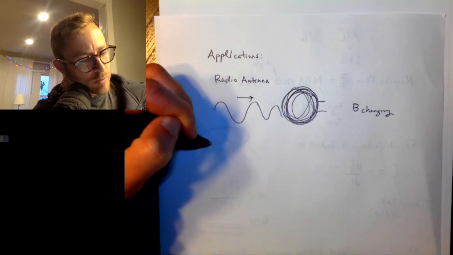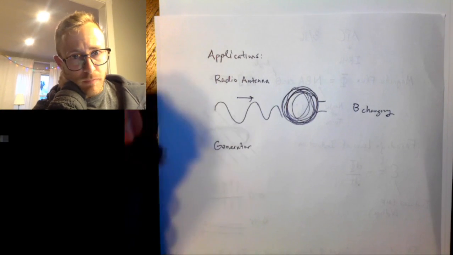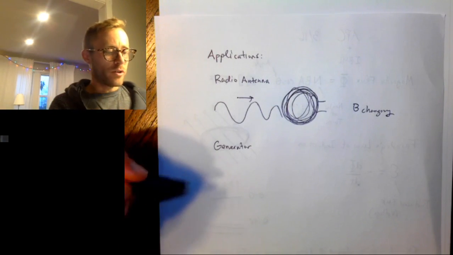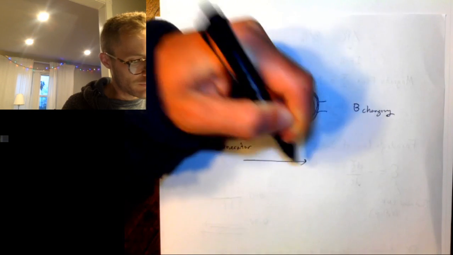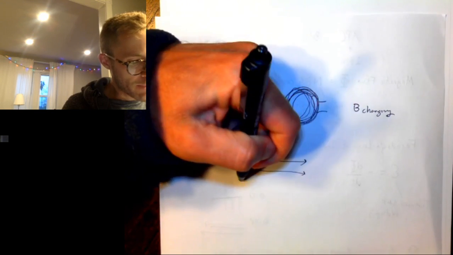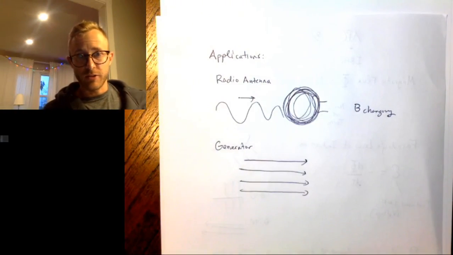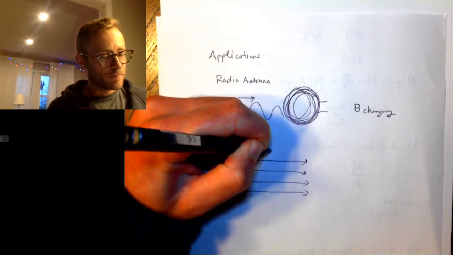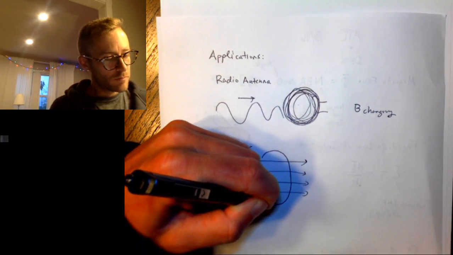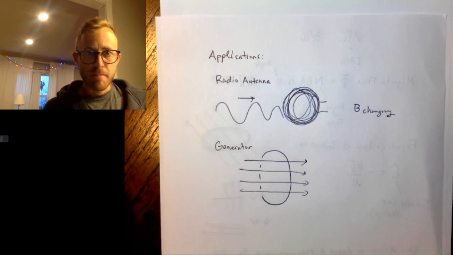Another example would be a generator, where you have a magnetic field, okay? The magnetic field is present, and it's constant. And then you have a loop of wire, okay, like that.